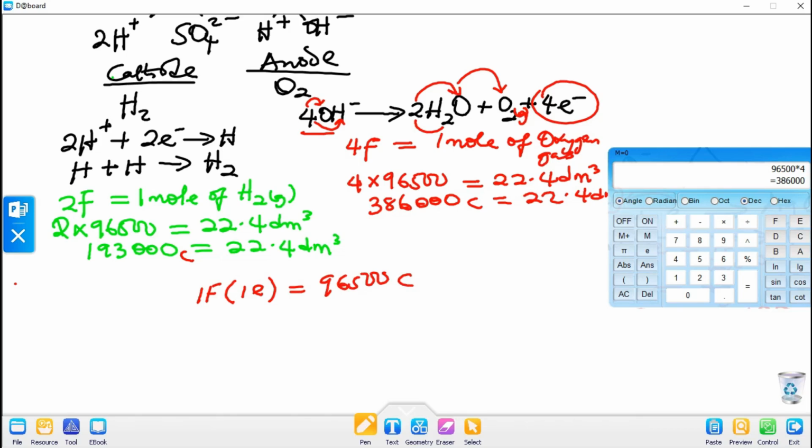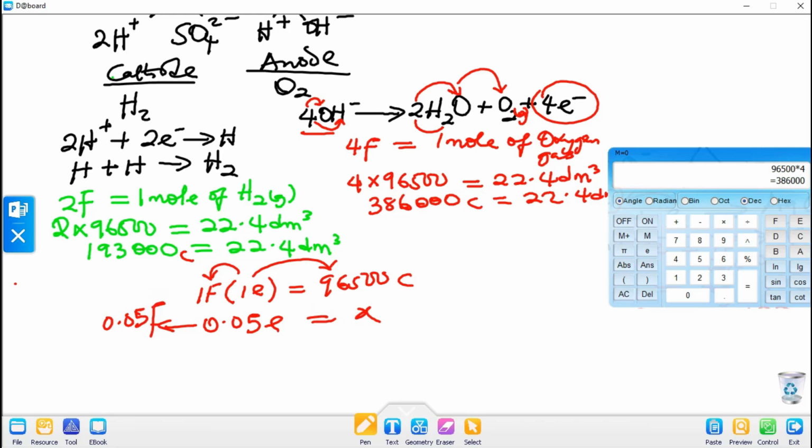So by value, what is the value of 0.05 moles of electrons? If 1 mole of electrons is 96,500 and 1 mole of electrons is the same thing as 1 Faraday, we can say 0.05 moles of electrons or 0.05 Faraday. What will be its value? X. We have to calculate its value, X.